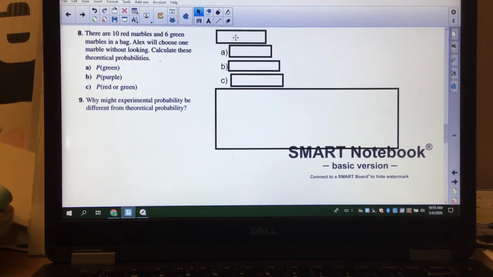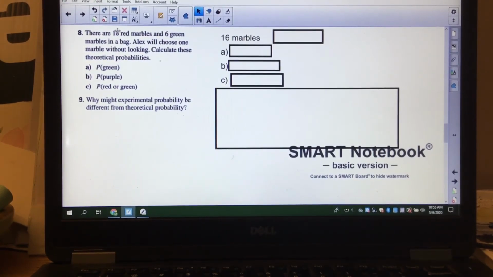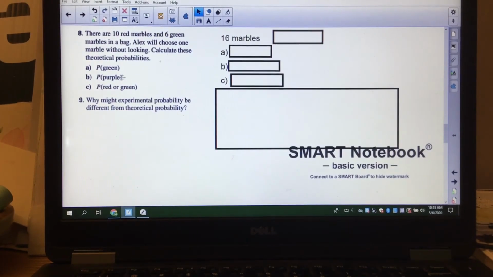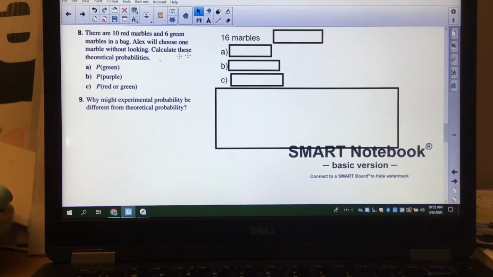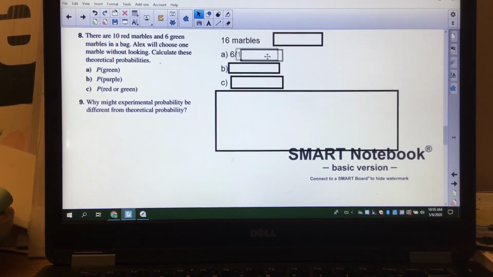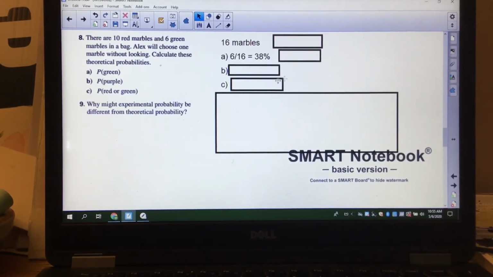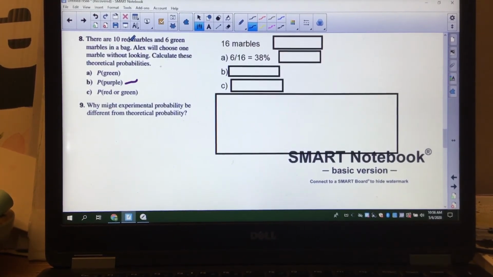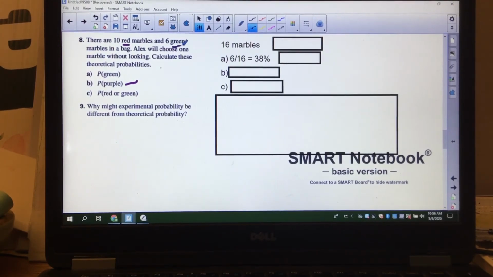Okay, so the first one. What we need to understand, we have to add. We got to find out how many marbles are in that bag. There are 16. So A, probability of green. We have 6 out of 16, which is 38%. B is a trick question because purple is not one of our colors.